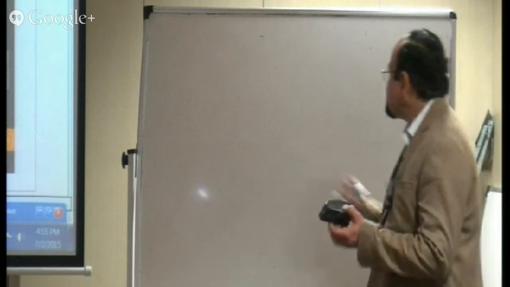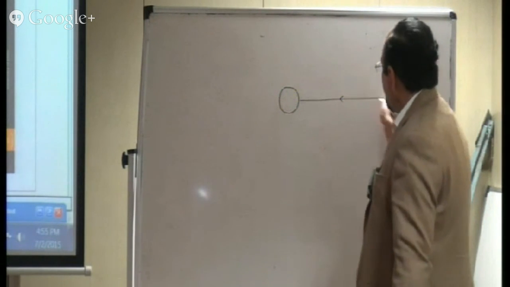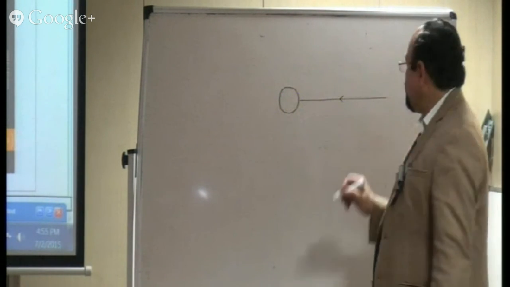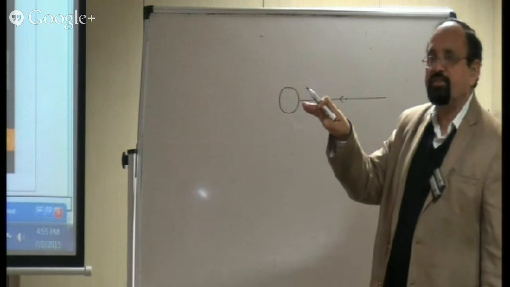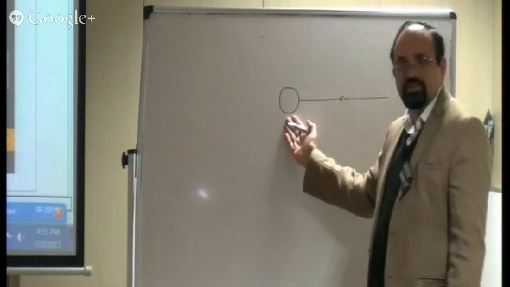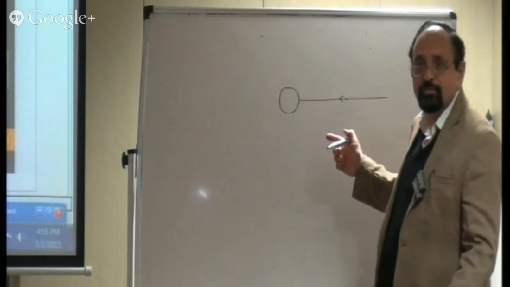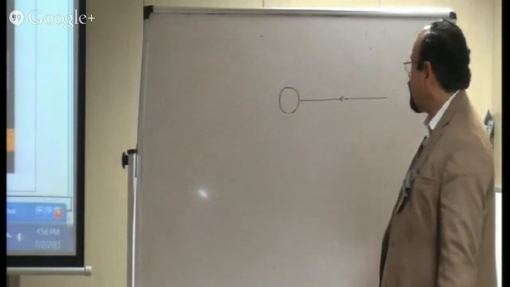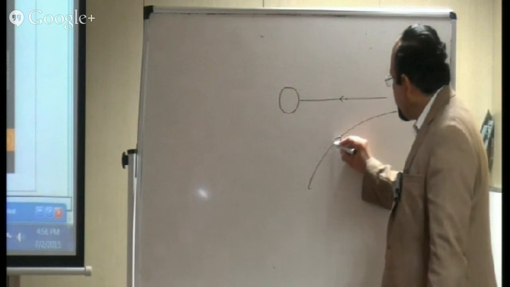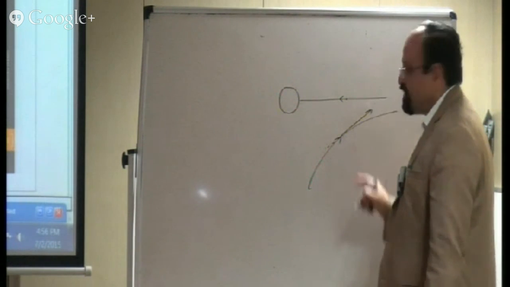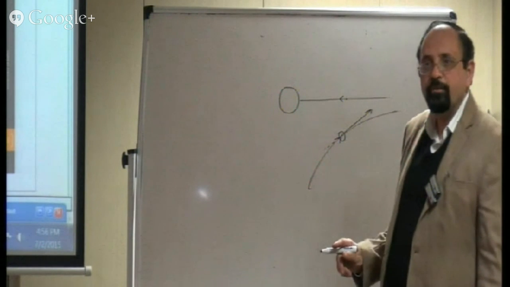If I have a mass, then any line where the tangent drawn gives me the direction of the gravitational field intensity, I call that line the field line. This may be a curved line also. It is not always straight. At this point the tangent drawn gives me the direction of the gravitational field at this particular point.